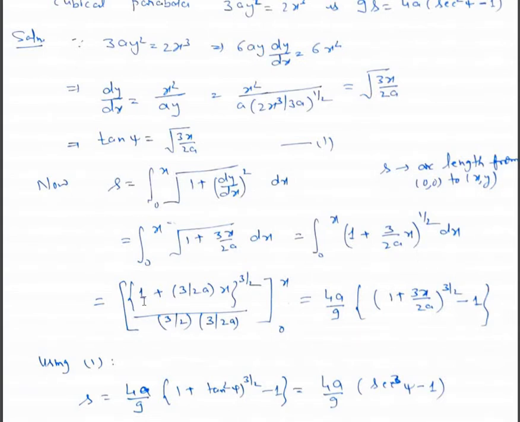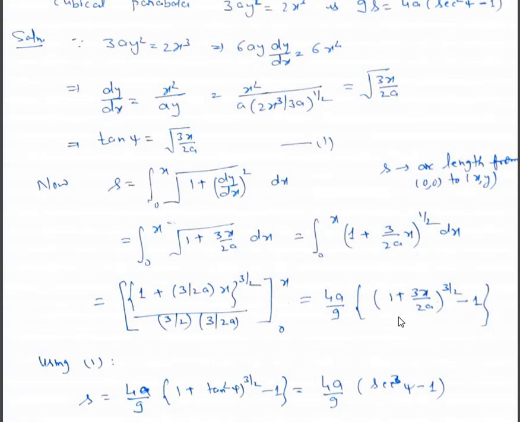So integrating it, we get (1 plus 3 upon 2a into x) raised to the power 3 by 2 divided by 3 upon 2 into 3 upon 2a, limit 0 to x, which comes out to be 4a upon 9 times ((1 plus 3x upon 2a) raised to the power 3 by 2 minus 1).